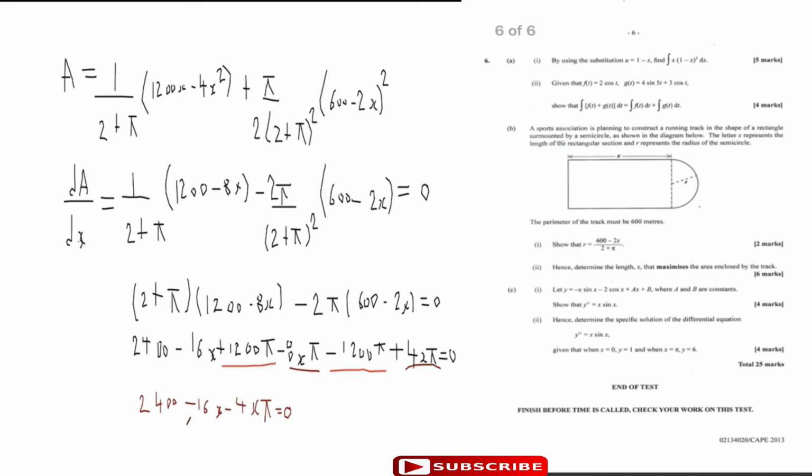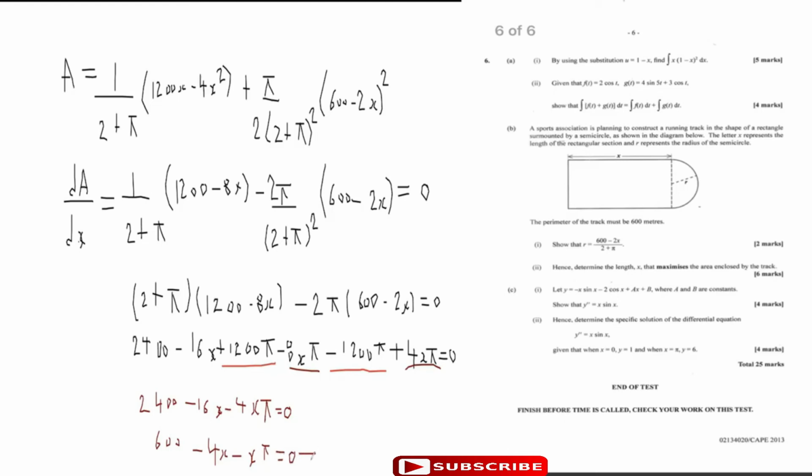We can divide through by 4 to get 600 minus 4x minus, we divided through by 4, and so this is x pi is equal to 0. So then what does that tell us?